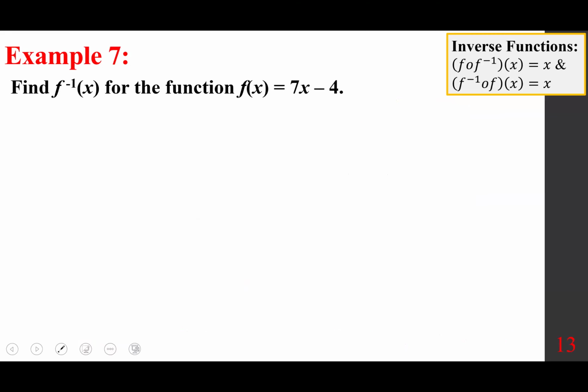Find f inverse of x for the function f of x equals 7x minus 4. So, number one, we are going to call this y because it makes life easier.